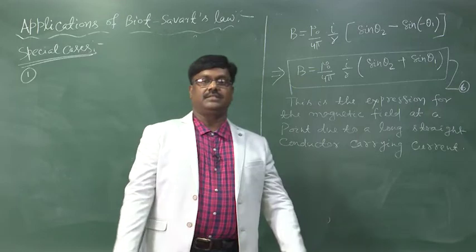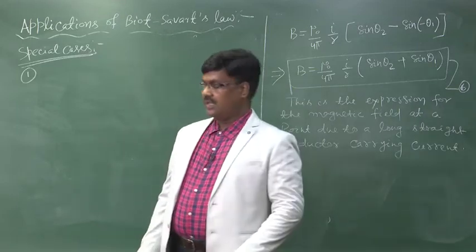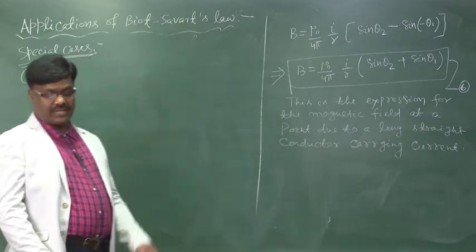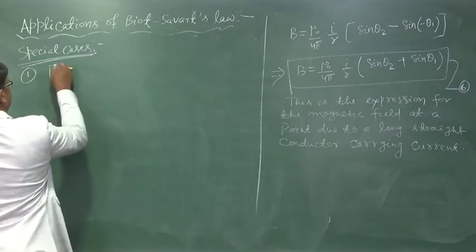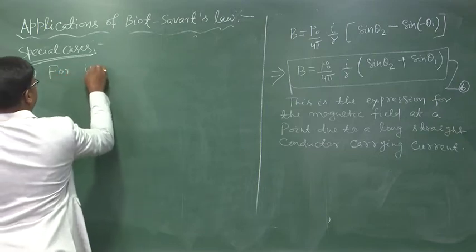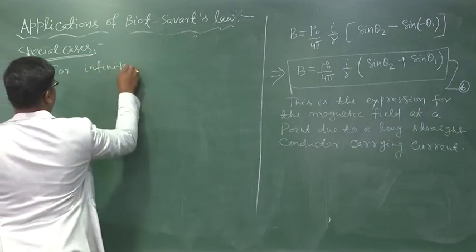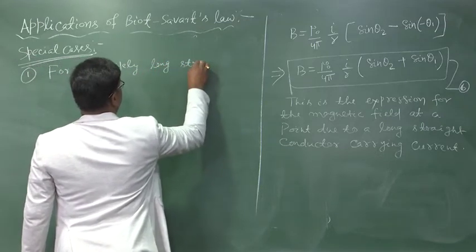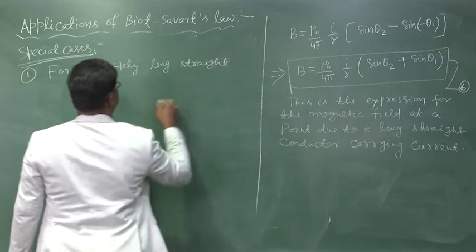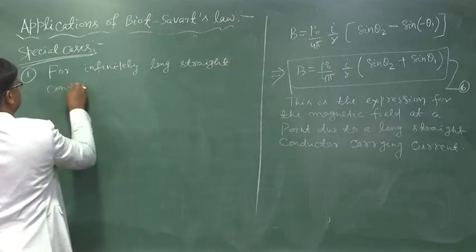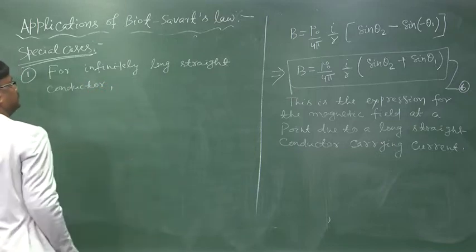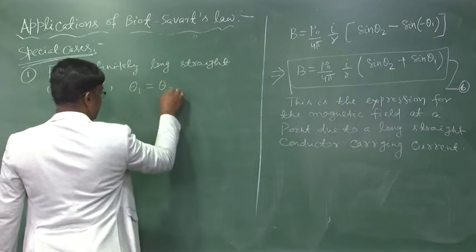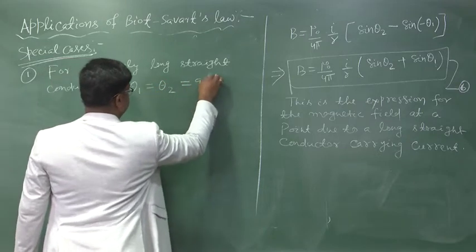Number 1, for an infinitely long straight conductor, θ1 equal to θ2 equal to 90 degrees.